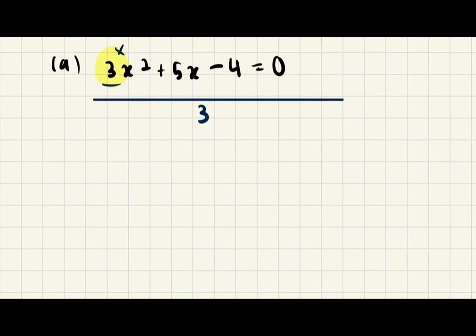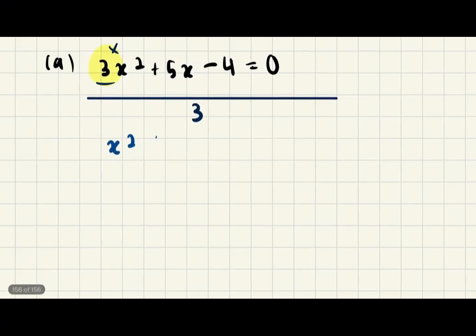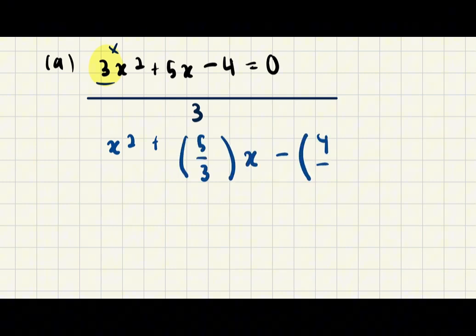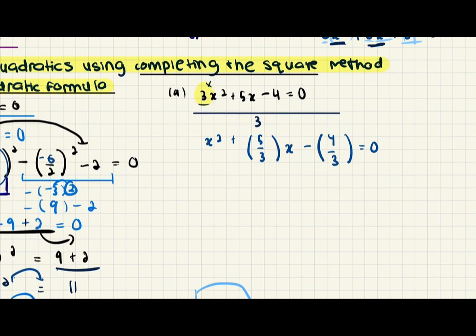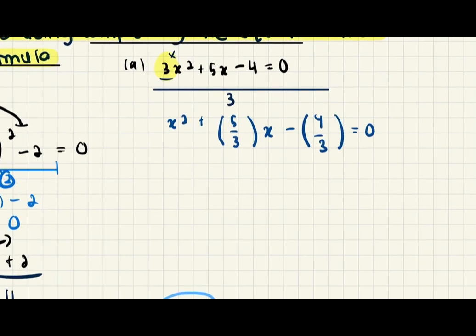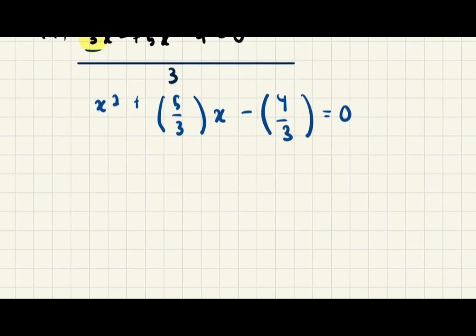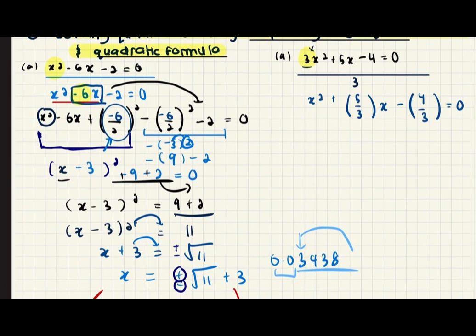Okay, so you rewrite. This becomes x squared, and then this will become 5 divided by 3, right? x minus 4 over 3 equals 0. Okay, so you get it until here. I hope so. Now, you are going to do the same format over here.